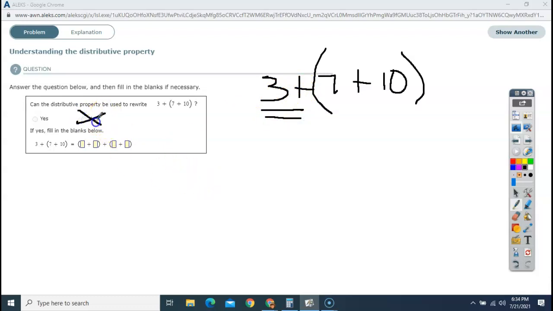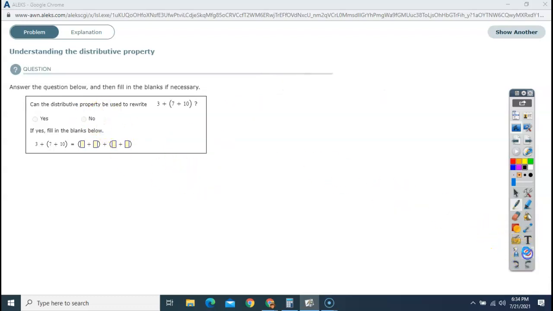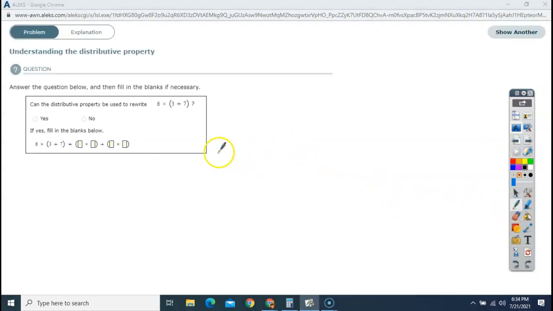So the answer here would be no, we cannot use the distributive property for that. Let's show one more, just in case you're confused. Can we use the distributive property for 6 times (3 plus 7)? Yes, we can because of the multiplication.